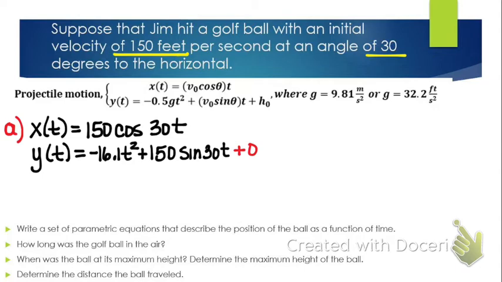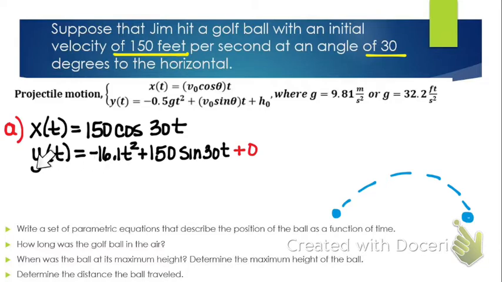Okay, so it says, how long was the ball in the air? So we have our golf ball. It's hit. I don't know how far it traveled, but I do know whenever it's on the ground, the vertical height is 0.